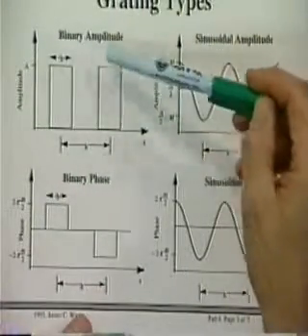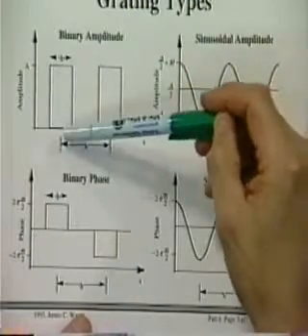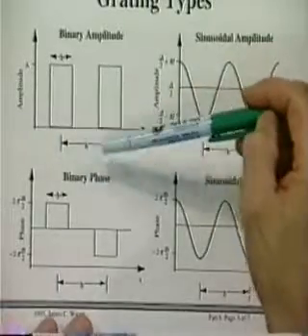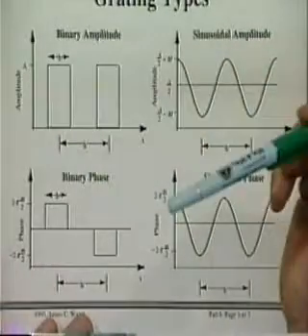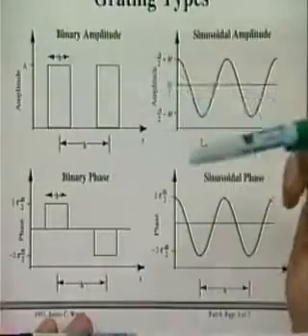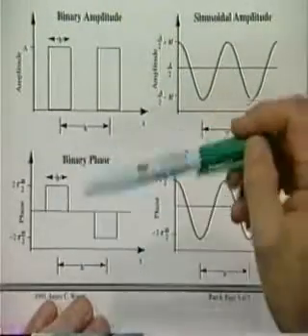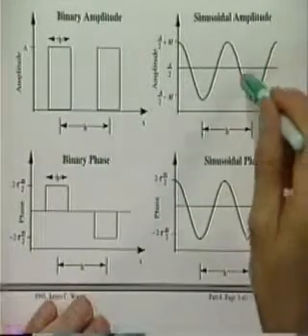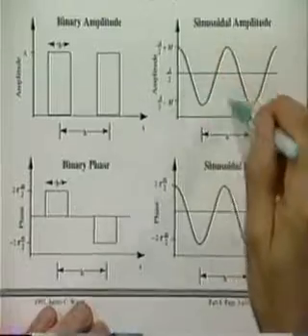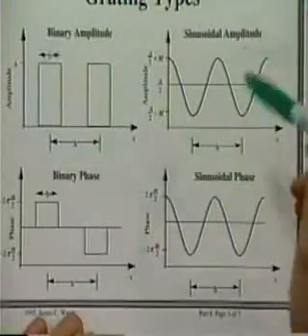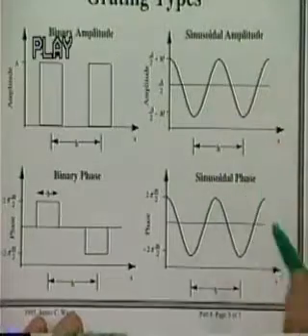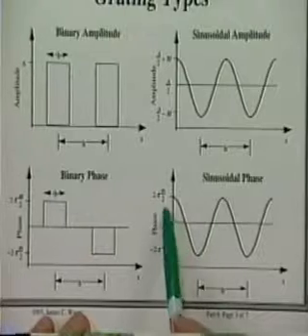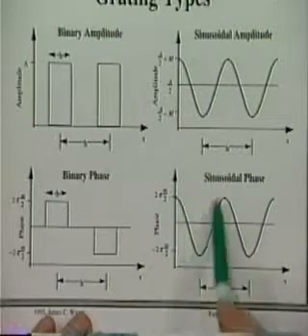We had binary amplitude, and for this drawing anyway, the spacing is h and the width of each open area is b. We had binary phase. We had sinusoidal amplitude. And we have sinusoidal phase, where I've shown things a little bit differently here. Instead of having the phase be m over 2, I have the phase being 2 pi m over 2 for this particular drawing.